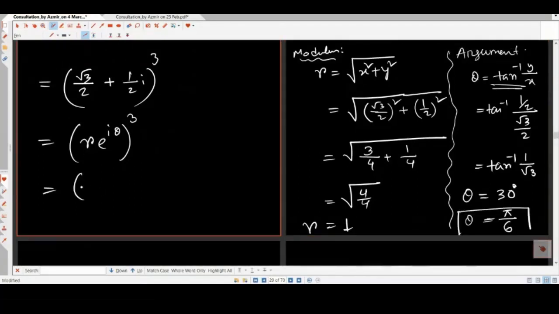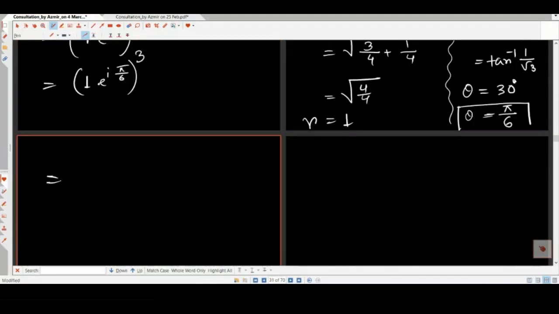So r is 1, and e power i theta is e power i pi over 6, with power 3. 1 times e power i pi over 6 is the same, e power i pi over 6 with power 3. Now you know that if we have e power m power n, then we can write e power mn.